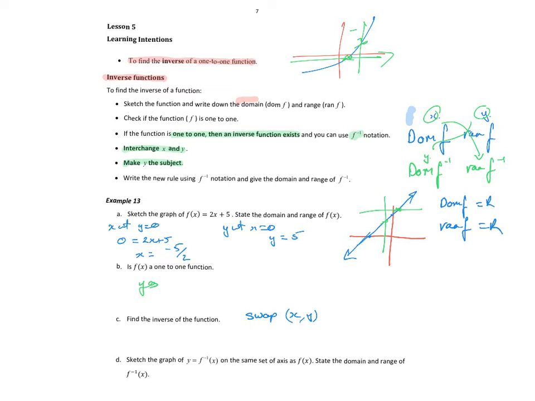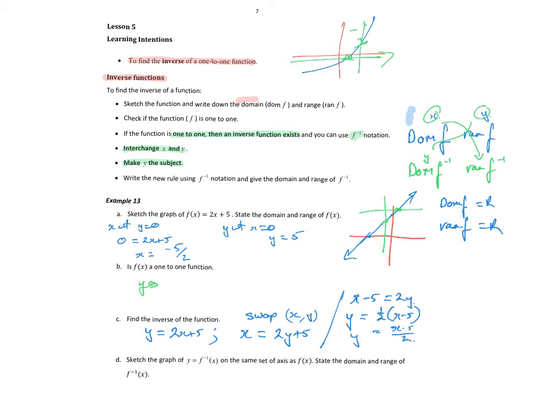Normally y is equal to 2x plus 5, so I swap it: x is equal to 2y plus 5. Now I transpose everything. So I get x minus 5 is equal to 2y, divide by 2, y is equal to a half of x minus 5, or x minus 5 on 2.